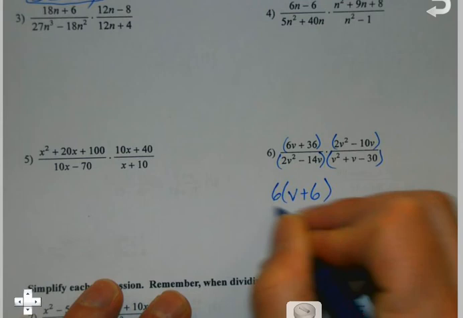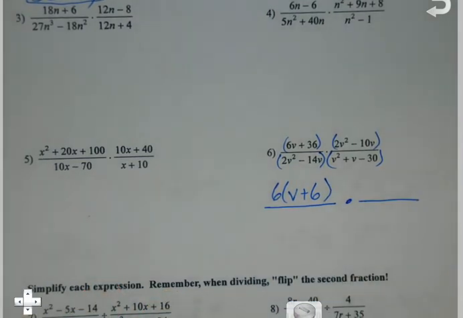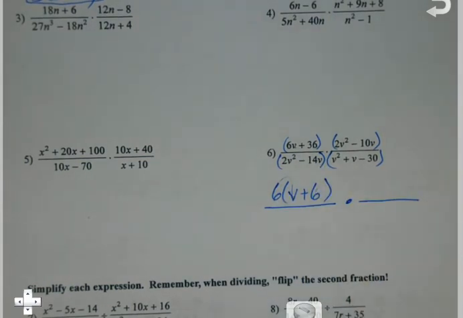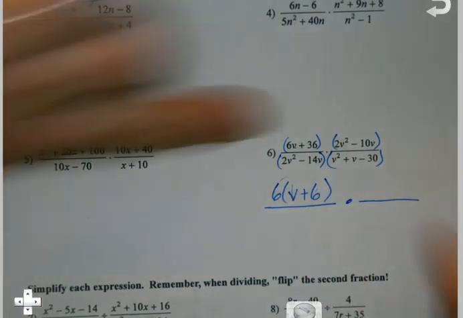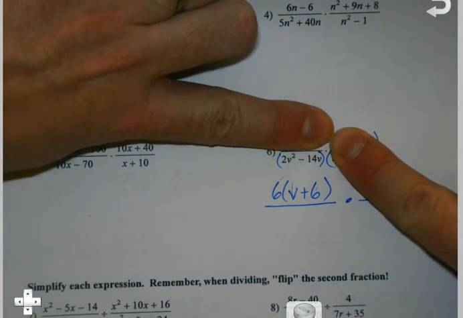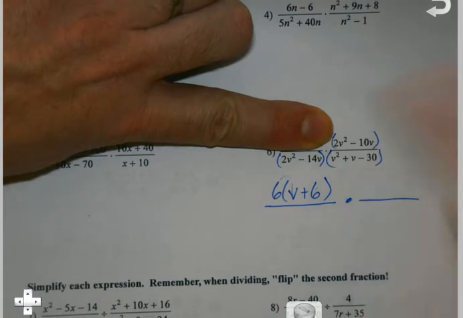And again, whenever I factor something out, I should, if I did the distributive property, get that same thing back. 6 times v is 6v. 6 times 6 is 36. So far, so good. What about that next part? 2, anything else? 2v.